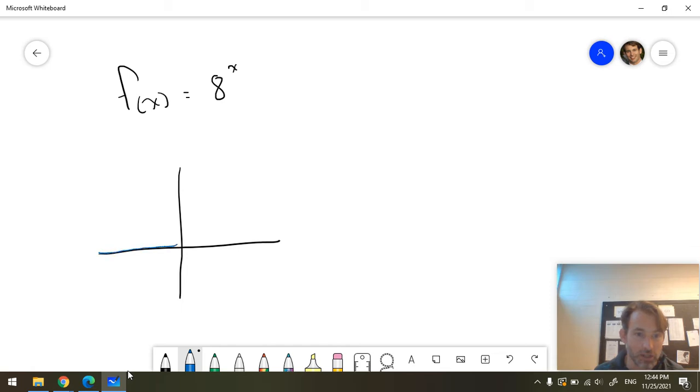It's going to start showing up about there, and then it's going to hit the point 0, 1, as all of these parent exponential functions do. The point 1, 8 is going to be part of it. And it's going to grow extremely fast because that's a really big exponential base. It goes way off to infinity real quickly. So that's what their function looks like.